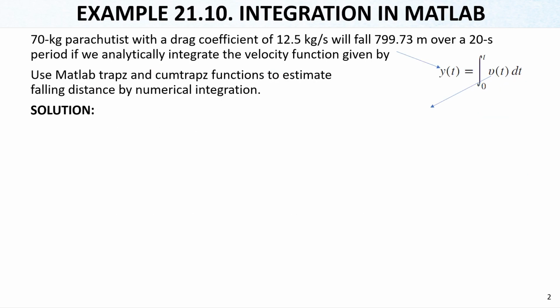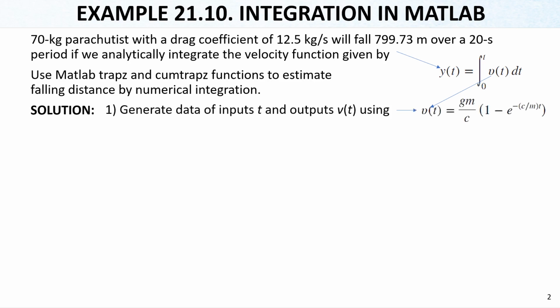In this slide, we have another example of using MATLAB built-in functions for integration. We have a 70 kilogram parachutist, with a drag coefficient of 12.5. He will fall about 800 meters over a 20-second period if we analytically integrate the velocity function given here.